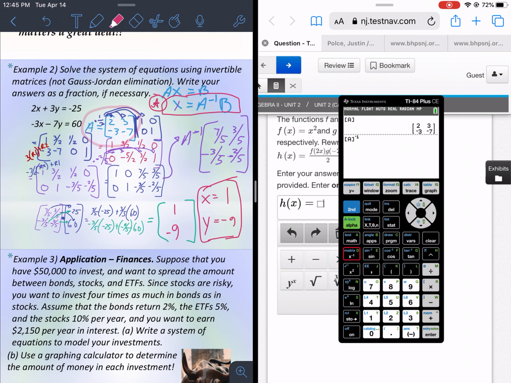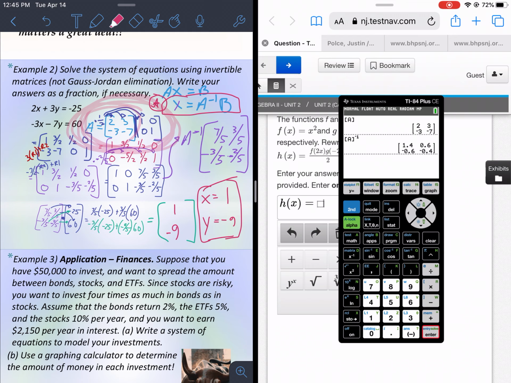So if I press that instead, and now enter, I get the inverse matrix. So all of that solving and row operations used to shift the identity matrix over to the left can actually be done by the calculator. Remember, we like to do things the hard way first, and then use the graphing calculator because it's nice.